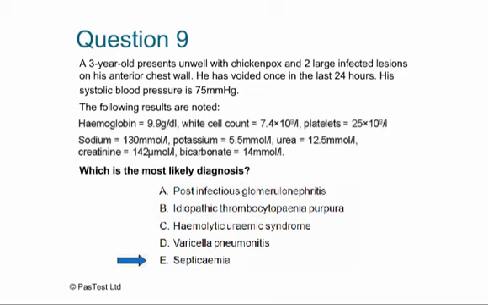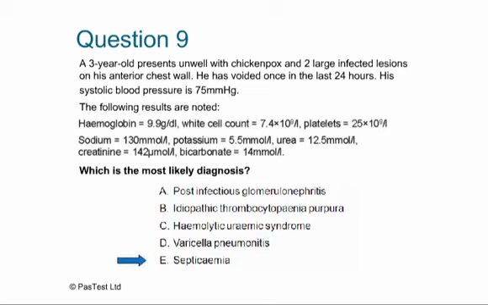But clearly, if he had a glomerulonephritis, you'd expect his blood pressure to be higher and you'd expect to be given some additional information. He doesn't simply have ITP, his platelet count is low, but there are no other features to suggest that. And it would be unlikely that he had varicella pneumonitis because this tends to come on quite late in the disease, and there are no comments made about respiratory involvement.